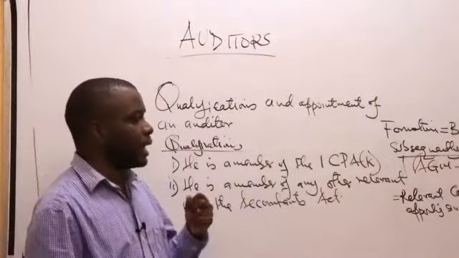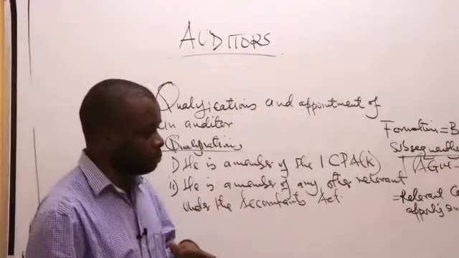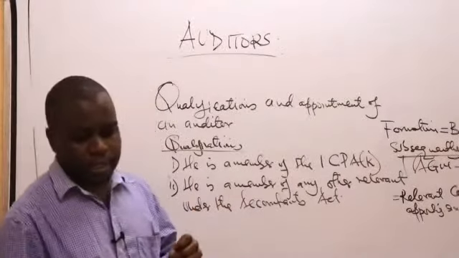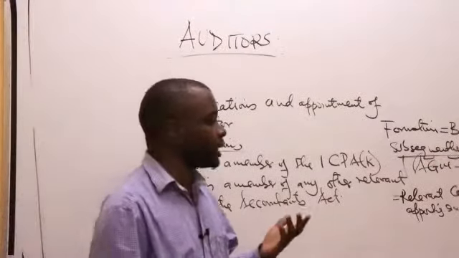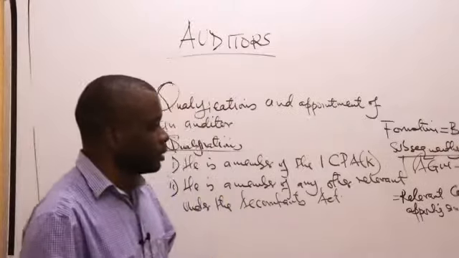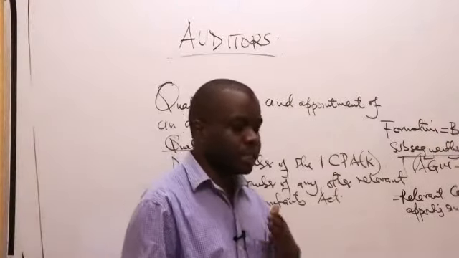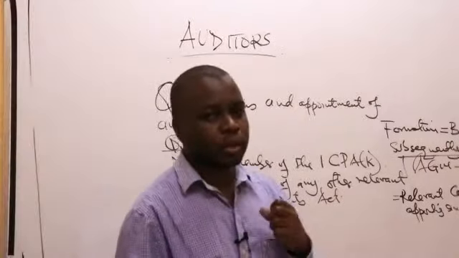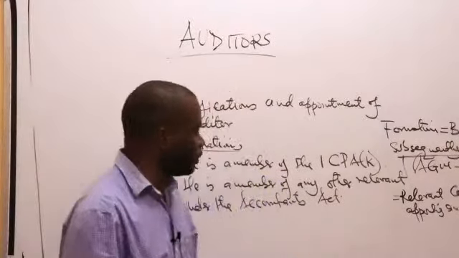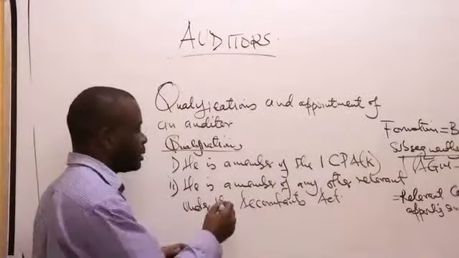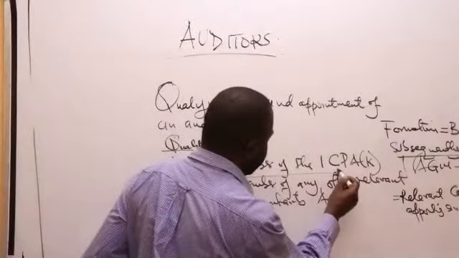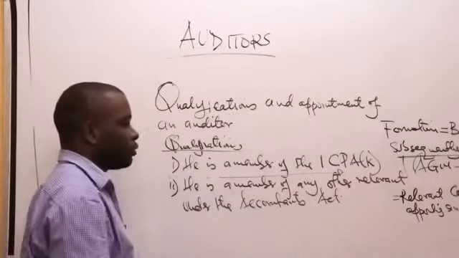Unless other circumstances have fallen in place, for example, he is not qualified to be reappointed. You could be asking, how could he not be qualified to be reappointed, yet he has been serving as an auditor of the company? Maybe his certificate of practice has been revoked by the Institute of Certified Public Accountants of Kenya.